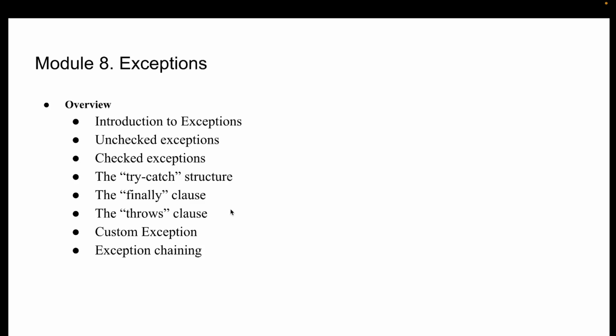We'll go through these one by one. Then there is custom exception. Sometimes you would want to define your own user defined exception. So that is a way of using custom exception, and you will be using custom exception a lot when you create real time projects.